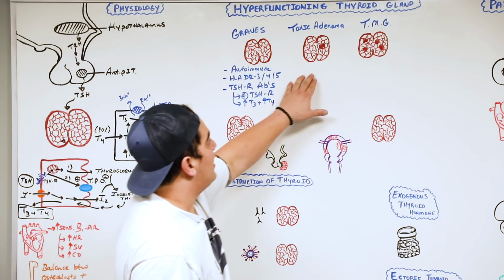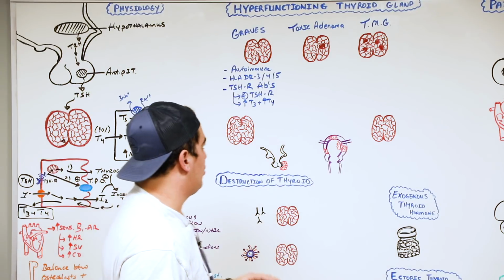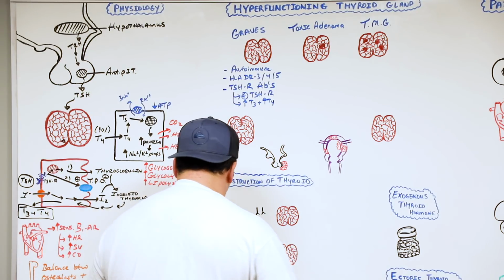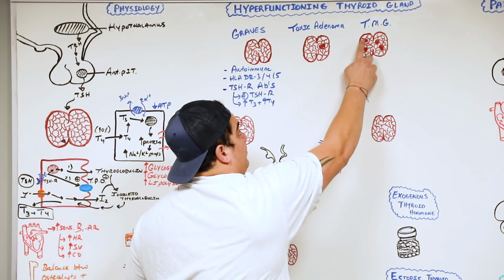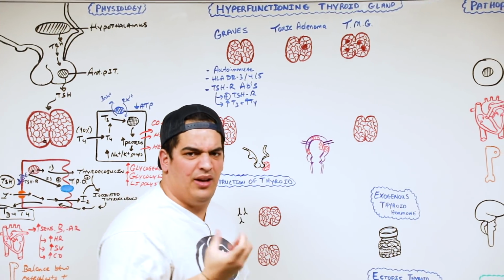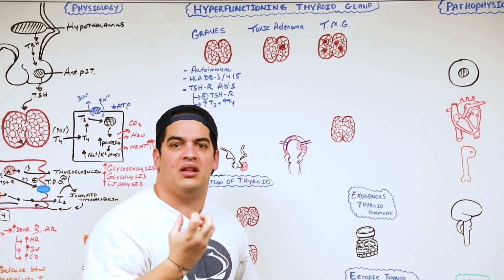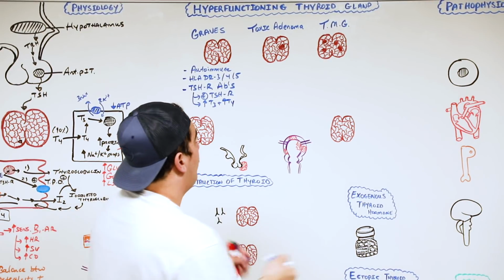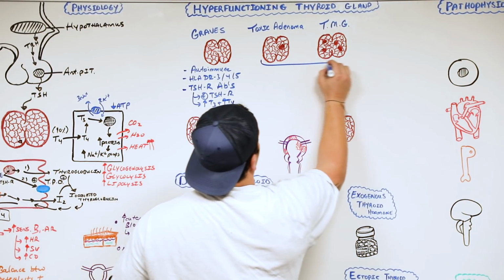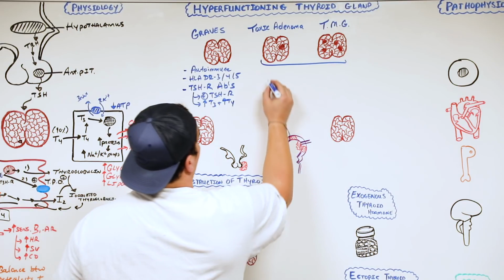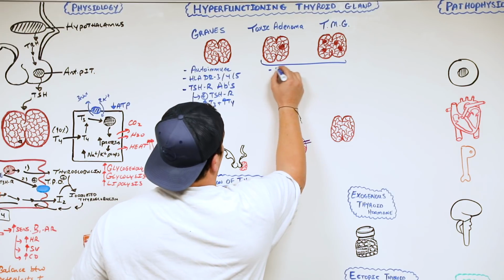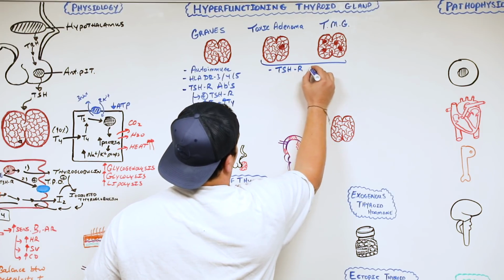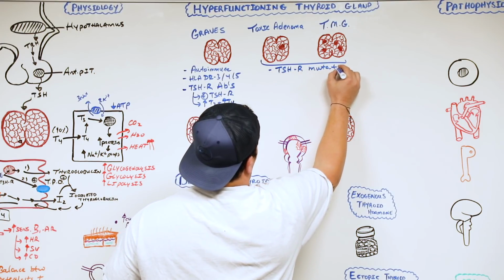Okay, toxic adenoma and toxic multinodular goiter are actually very easy for the most part. What happens with these is they have these nodules that are developing, and they're basically just clumps of thyroid follicular cells. But for both of these, toxic adenoma and toxic multinodular goiter, the reason that they cause a lot of thyroid hormone production is due to a TSH receptor mutation.